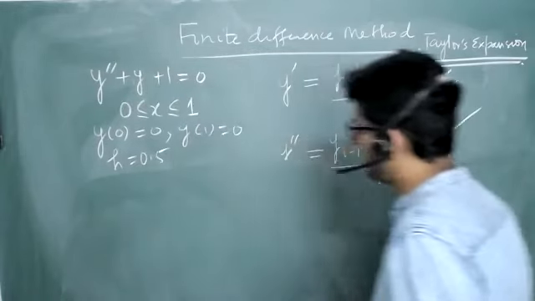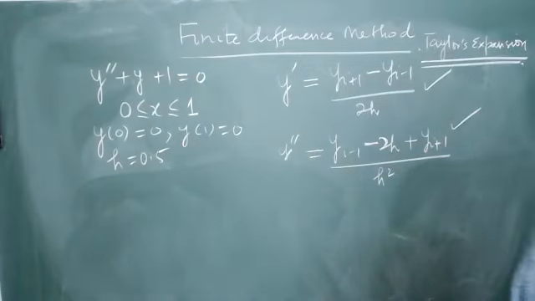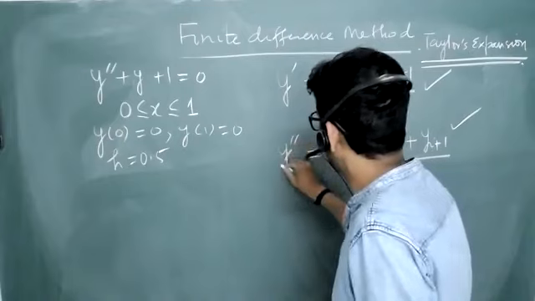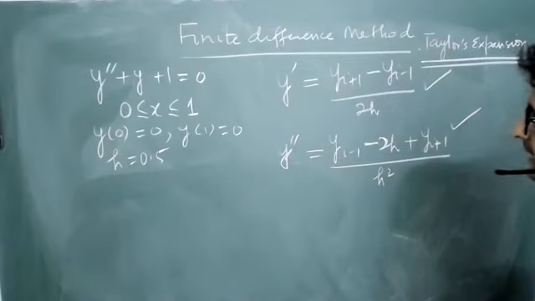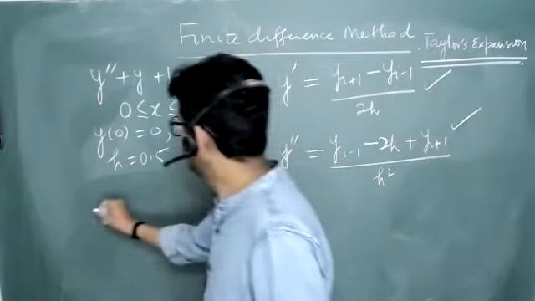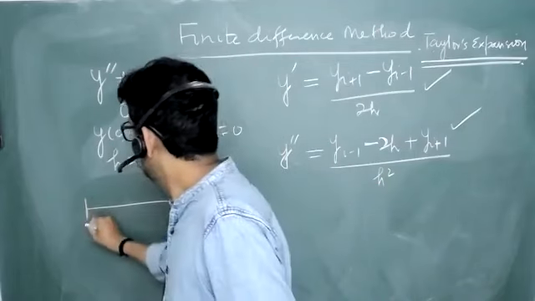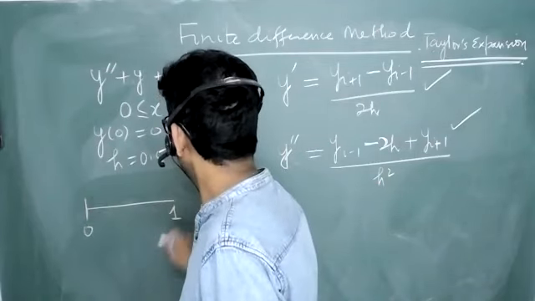We have to do it numerically using the finite difference method. So please understand the grid. The grid is like this. The value is to be calculated between 0 and 1.